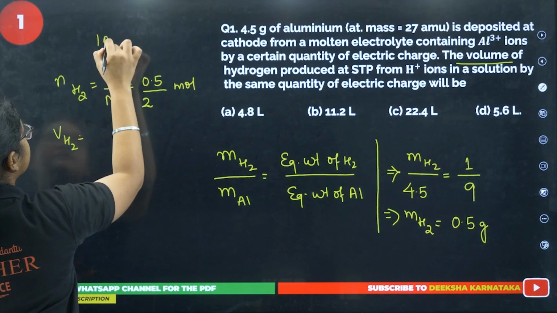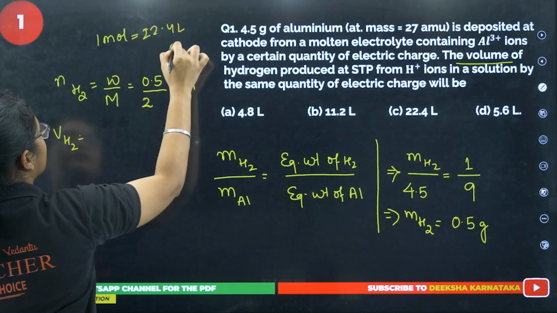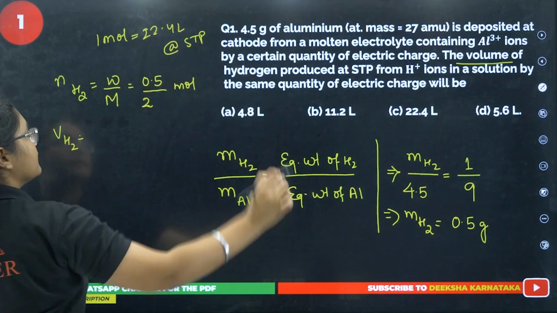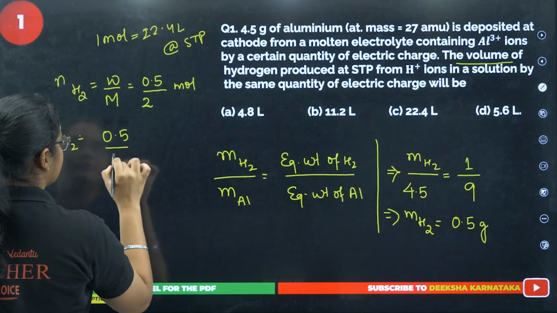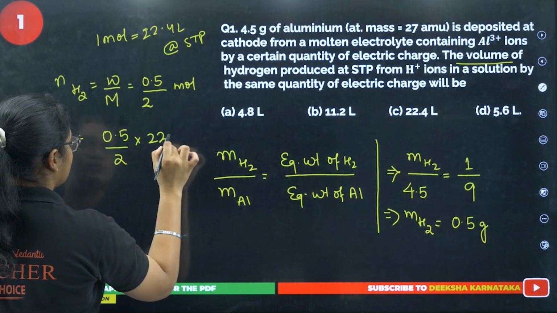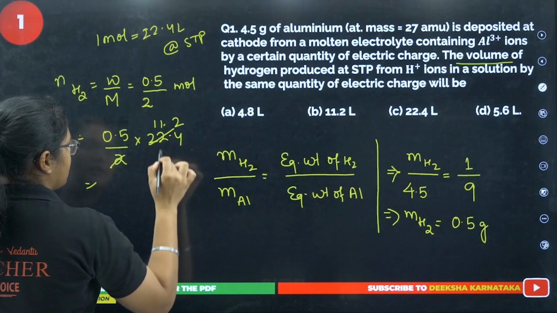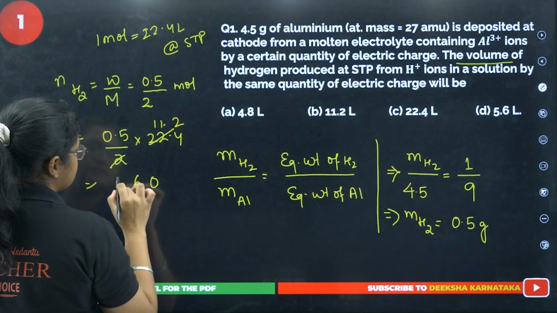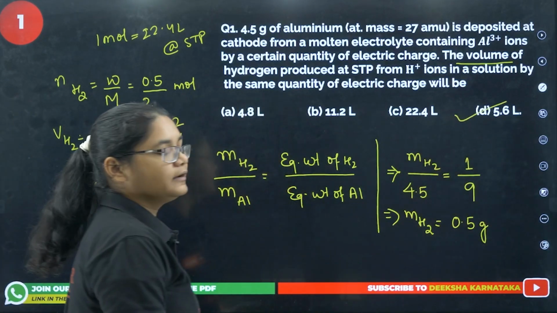We know 1 mole is how much volume at STP? 22.4 liter at STP, right? So volume of hydrogen will be 0.5 by 2 into 22.4. So I can just solve this. 5 2s are 10, 5 1s are 5, plus 1 is 6, 56. I'll get 5.6 liter, which is option number D here.